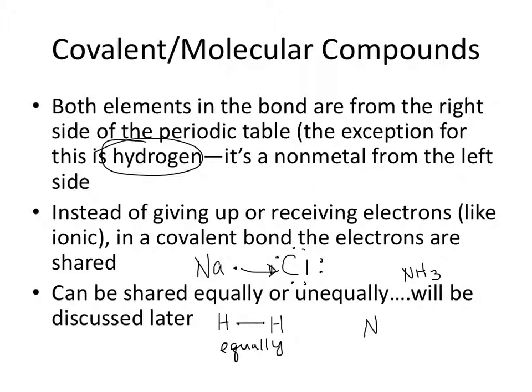So you would have a bond between 3 hydrogens, and I'll show you how I'm getting this in a little bit. So there's a bond there, but the problem here is nitrogen is more electronegative than the hydrogen, so it's going to have a stronger pull on those electrons, so they will not share equally, they will share unequally. And we're going to talk more about that, so don't worry if you didn't understand that. We're going to learn how to draw these structures and everything in this video.